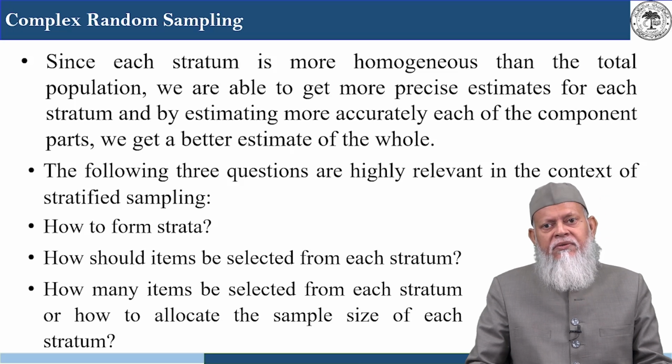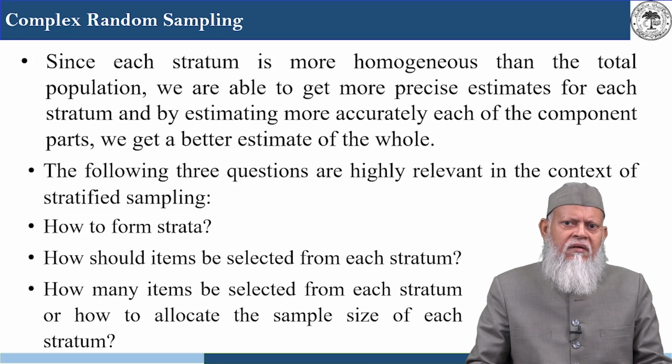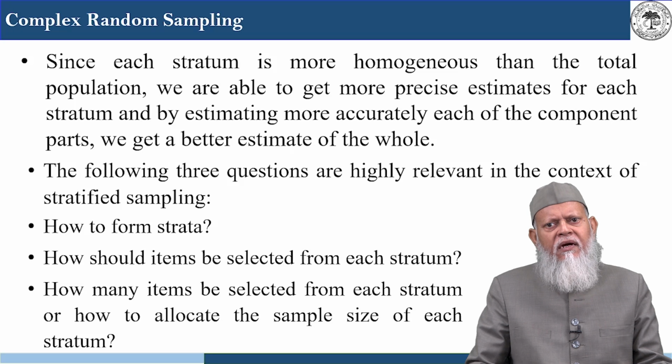These are the questions which should be clearly defined and clear in the mind of the researcher. How to form the strata? The strata would be formed on some basis of characteristics.